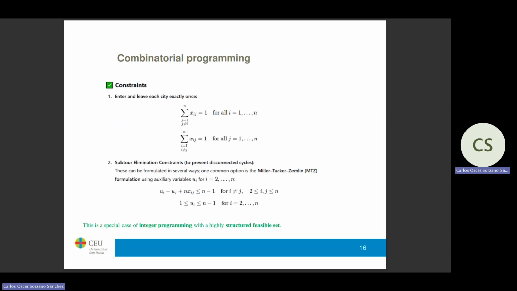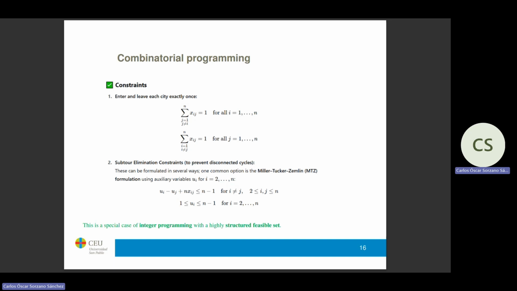These are more difficult to understand, but some clever people have shown that one possibility is to formulate it this way. You use some auxiliary variables ui that go from 2 to n. So u1 doesn't exist; you don't need a u1. You only need u from 2 to n, and there are n cities.